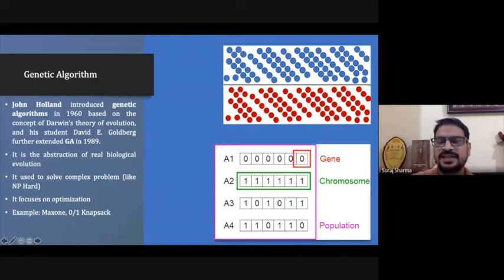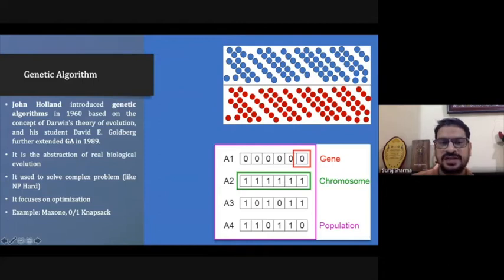So after some time, let's say 10, 20 or 30 years, you find out that the blue dots are more in that particular map. The number of good people will increase. That is the theory behind the genetic algorithm. It means we want to reduce the population which has the least fitness value, or fitness function cost.